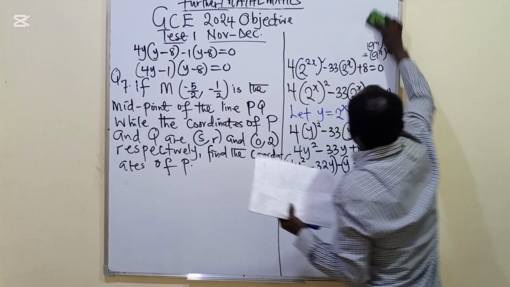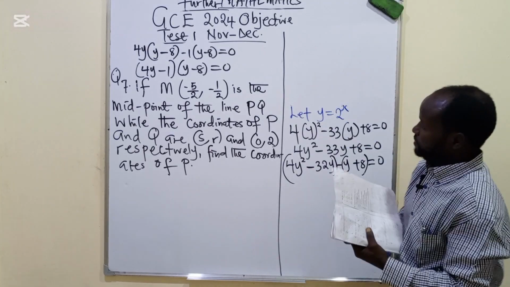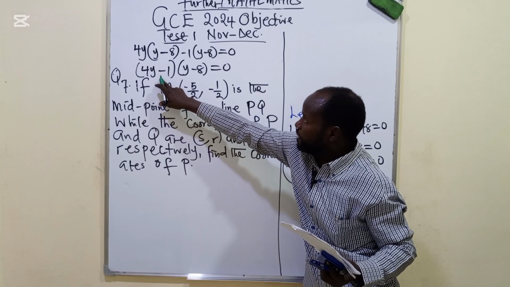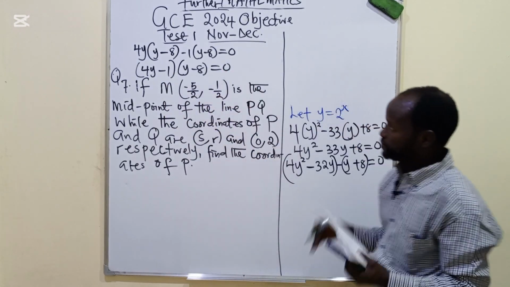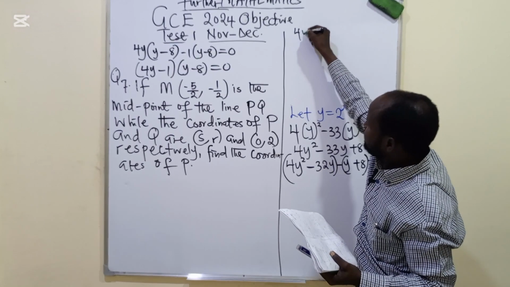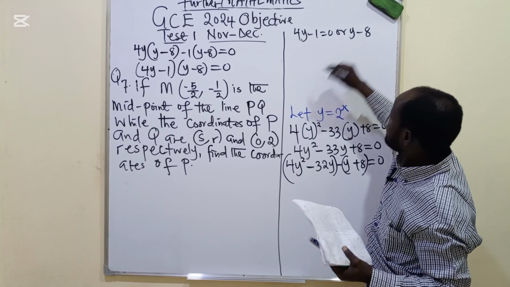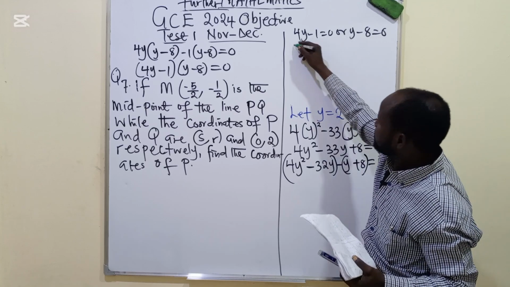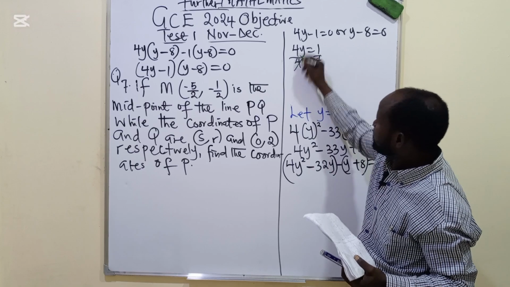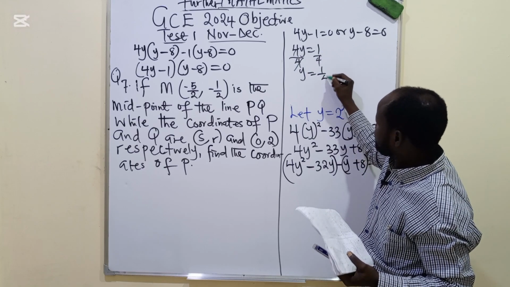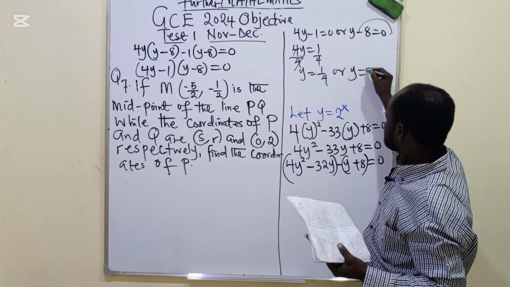Next, either 4y minus 1 equals 0 or y minus 8 equals 0. We collect like terms. We have 4y equals 1. Divide both sides by 4. Y will be equal to 1 over 4, or we bring this 8 here, y equals 8.